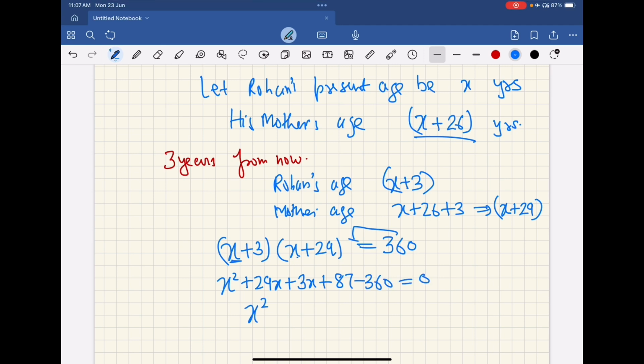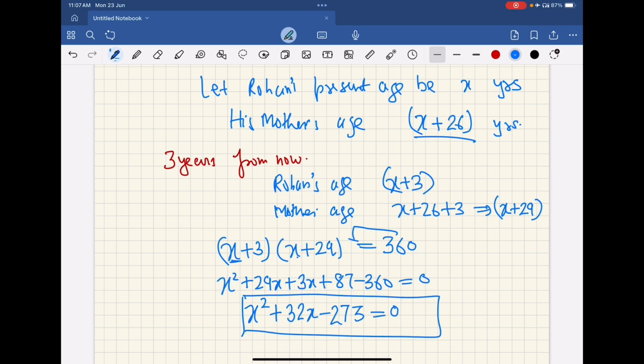So the final quadratic equation is x square plus 32x, and minus 273 equals 0. So that is our quadratic equation.